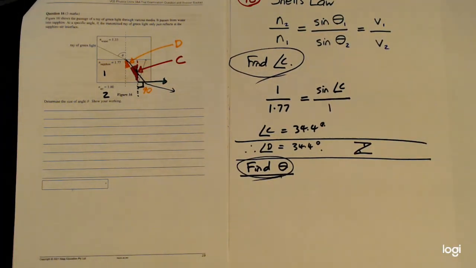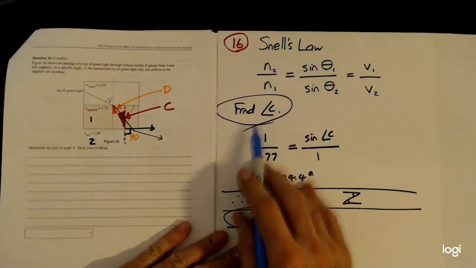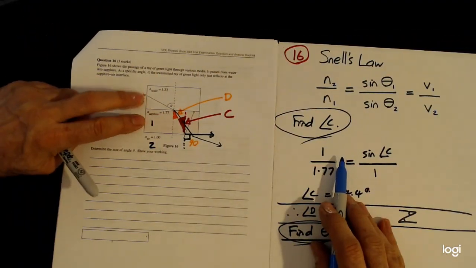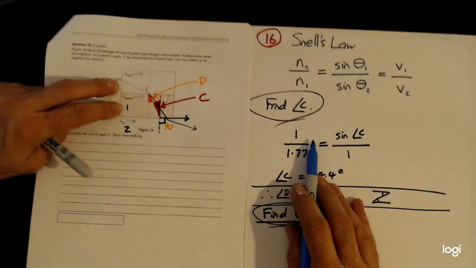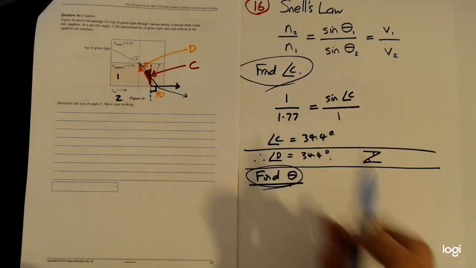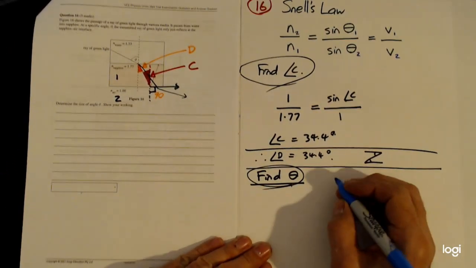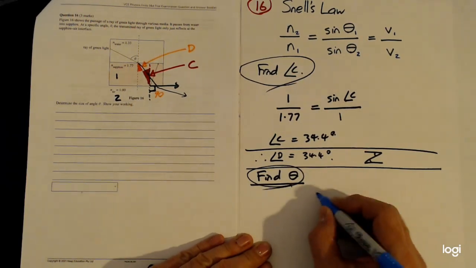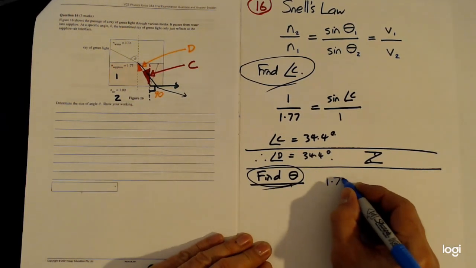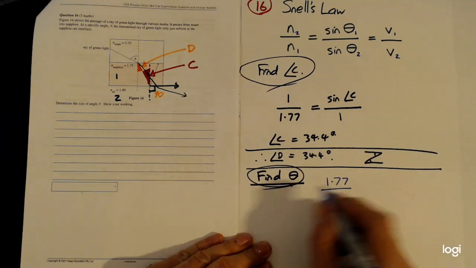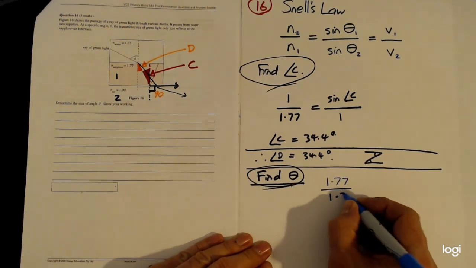So we use Snell's law again for these two, right? So 1, 2. N2 is going to be the 1.77. N1 is going to be the 1.33 of water.